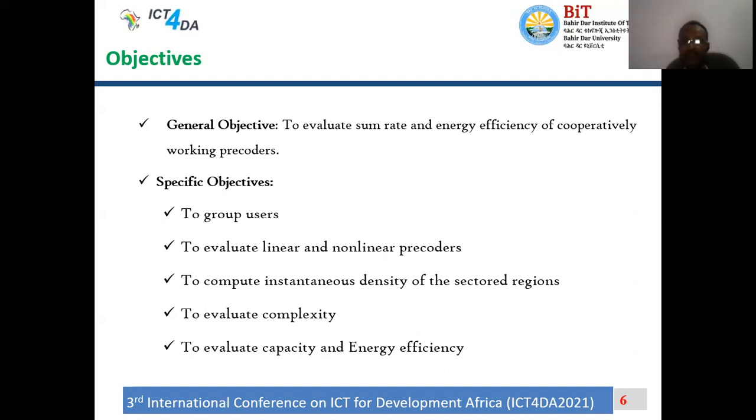Based on that complexity, we can switch back and forth between zero forcing and dirty paper coding. So it's a must to first consider the instantaneous density and the threshold density of the system. Finally, we'll be considering this density and complexity to evaluate the energy efficiency and capacity or spectral efficiency of the system.